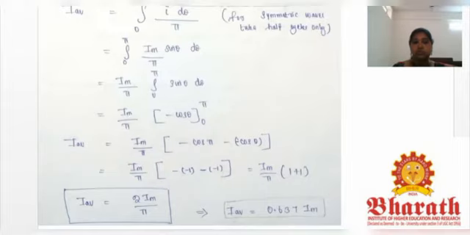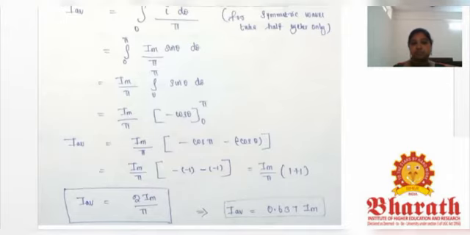So when you divide 2 by pi, you get the value I average is equal to 0.637 Im. So the average current for a symmetric wave over one half cycle is I average is equal to 0.637 Im.